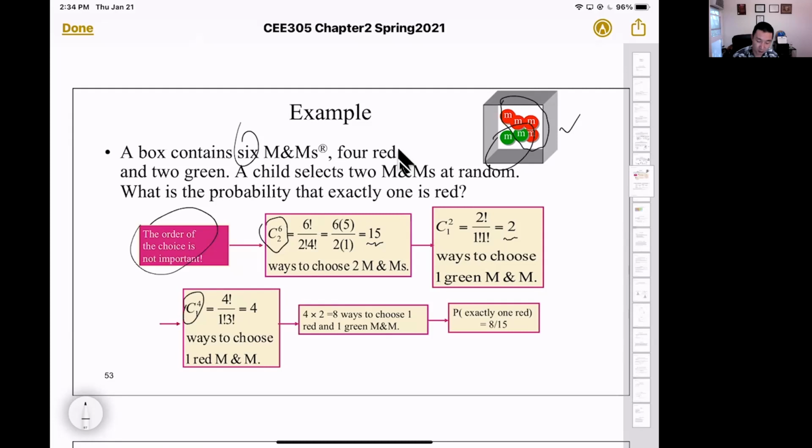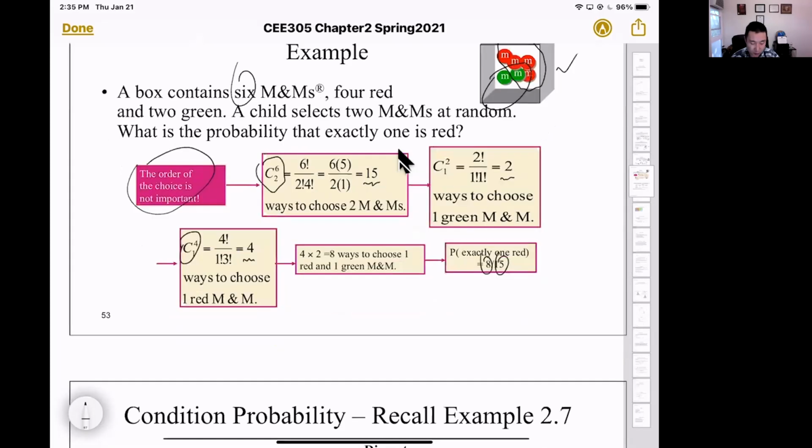So we have 2 times 4 equal to 8 ways to choose 1 red and 1 green candy. So the probability will be 8 ways over the total possible ways, which is 15. So 8 over 15. That's one way to do that.